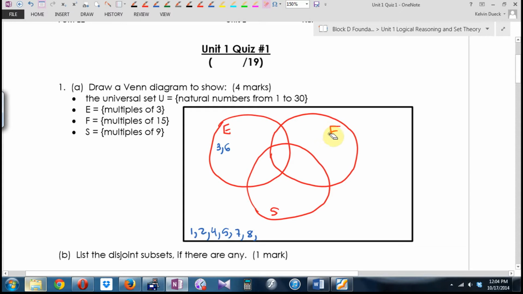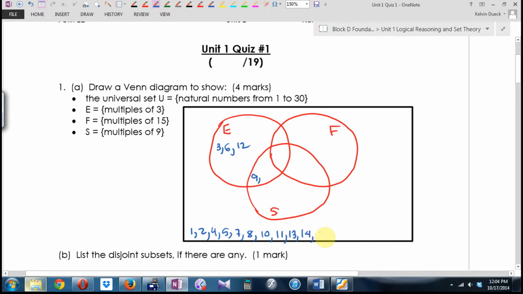Is 9 a multiple of 15? No. Is 9 a multiple of 9? Yes. Okay, so 9 is going to go right there. 10, 11, 12. Okay, 12 is a multiple of, you know what? 12 is going to go right here because 9 and 15 don't go into it, but 3 does. 13, 14, 15.